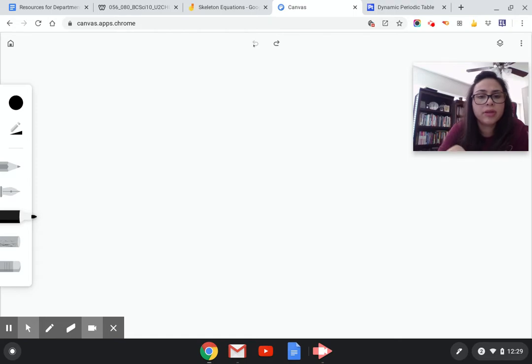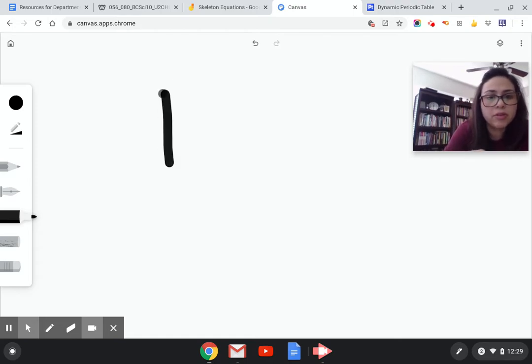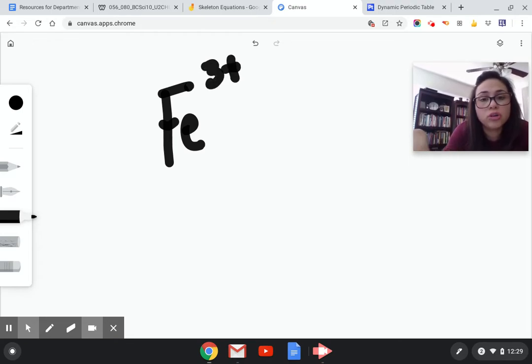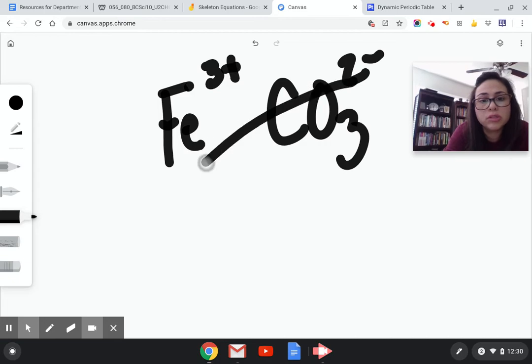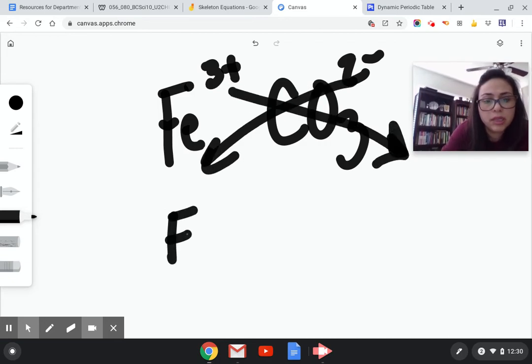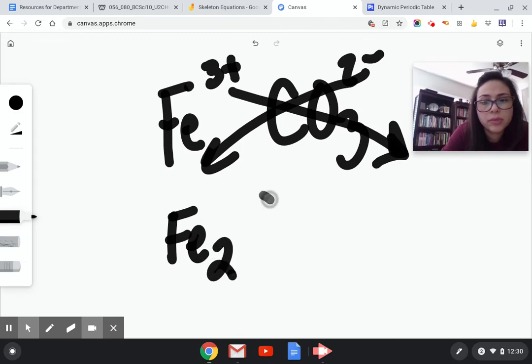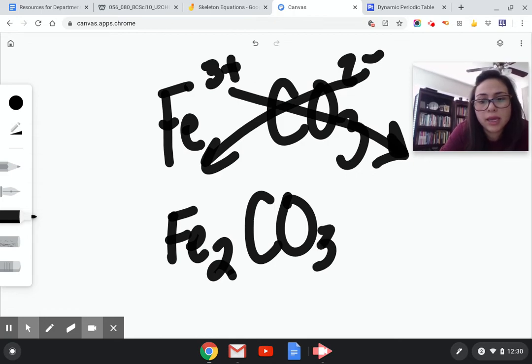So iron 3. We're going to take that iron 3 and put that Roman numeral 3 as its charge. And then carbonate is, again, CO3. Again, these charges do not cancel out, so we're going to crisscross. And we're going to bring the iron down, so 2, CO3, and that's going to be 3.